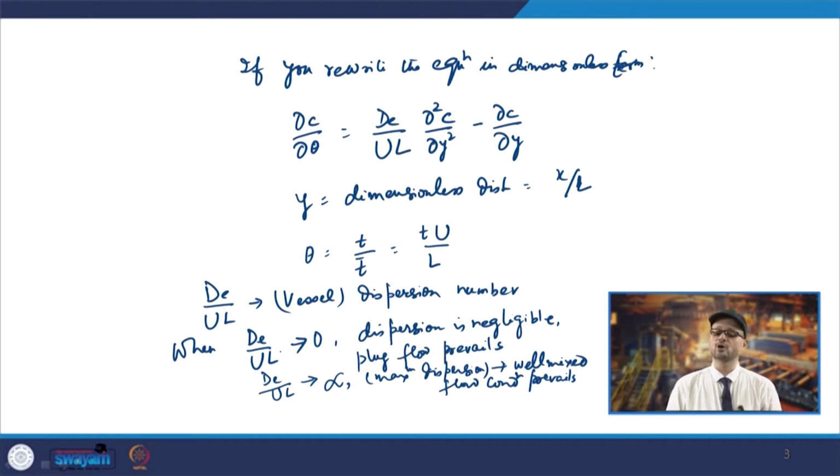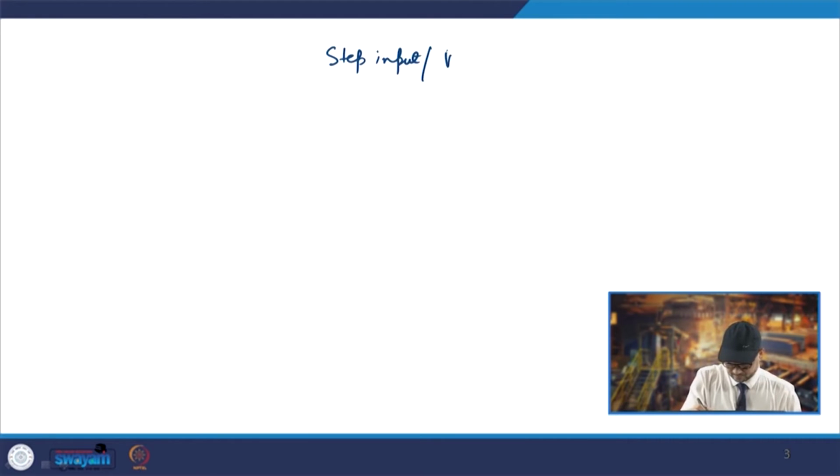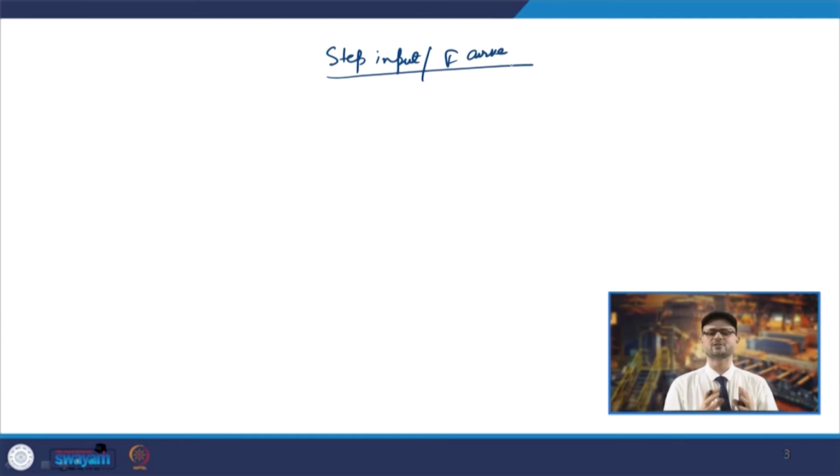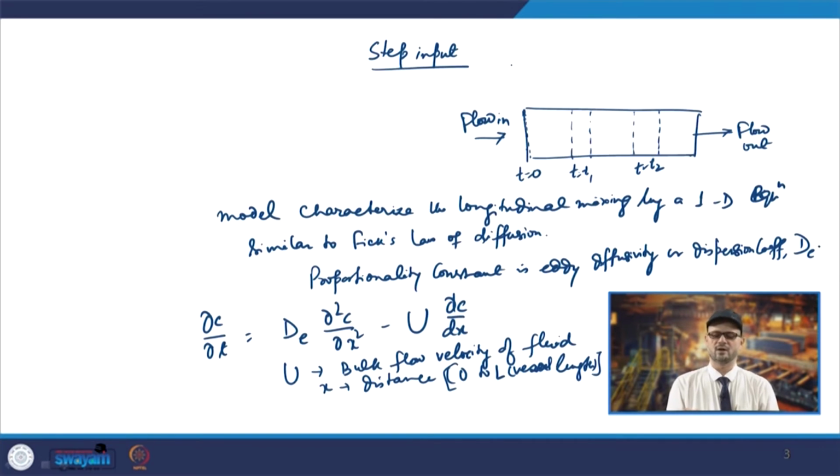If you talk about the F curve, the step input, the equation which we have seen earlier, this was the equation.